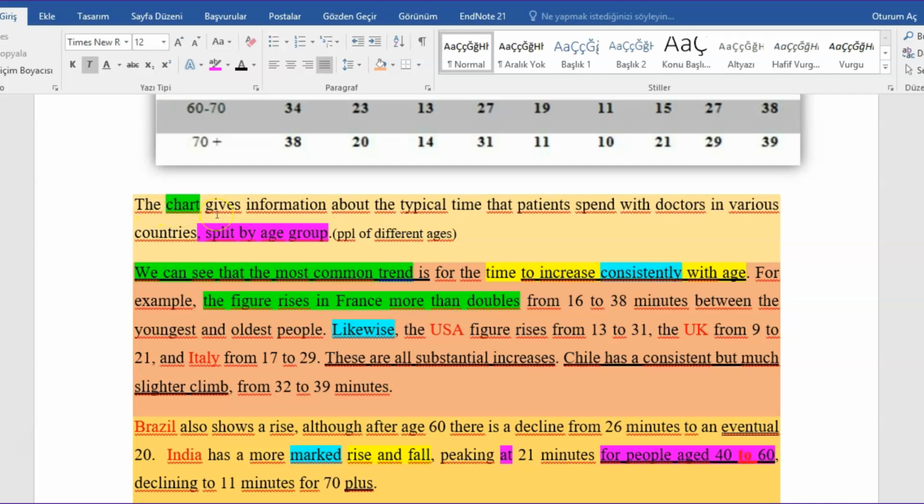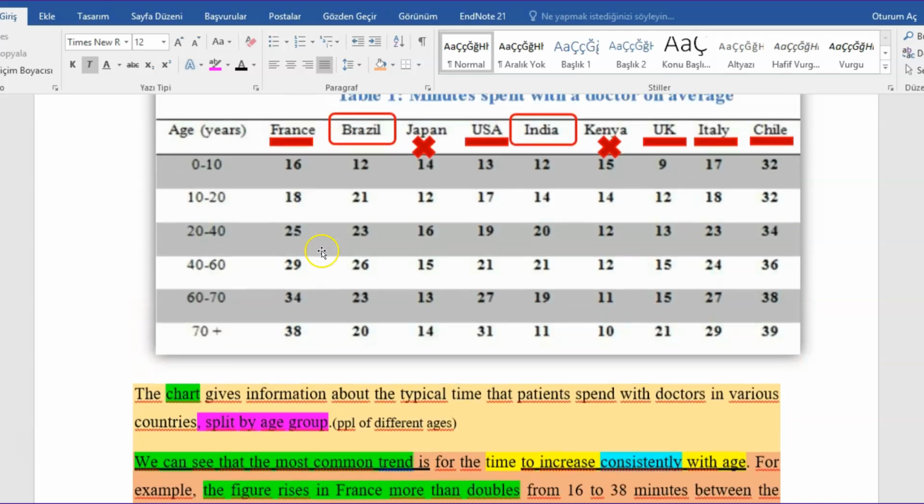The chart, instead of shows, we say gives information, provides information about the typical time that patients spend with doctors in various countries, in different countries, split by age group. Instead of people of different ages, we write split by age group.